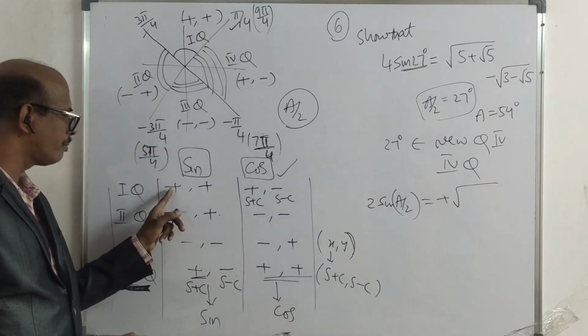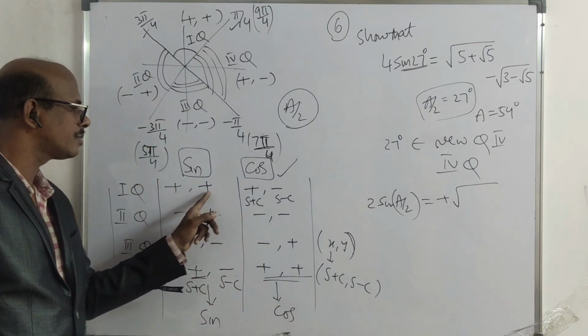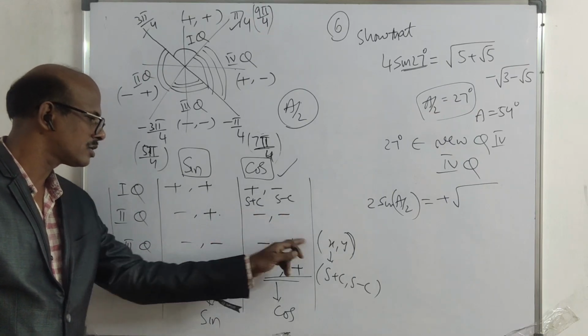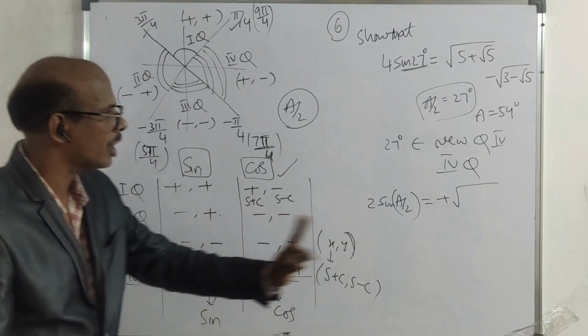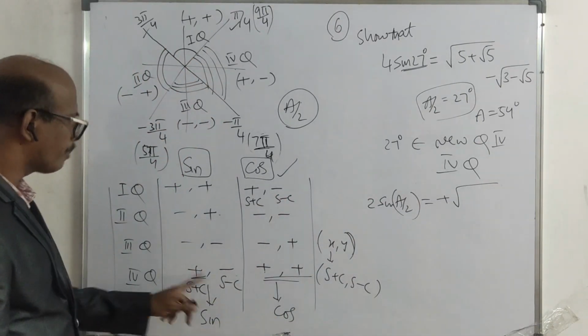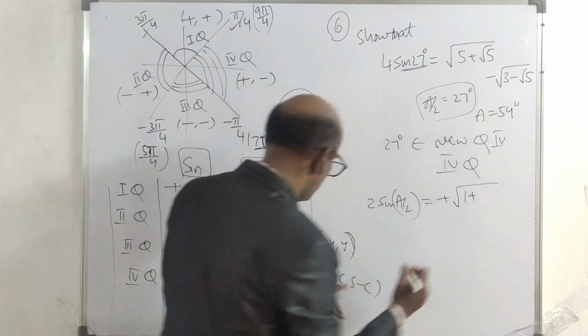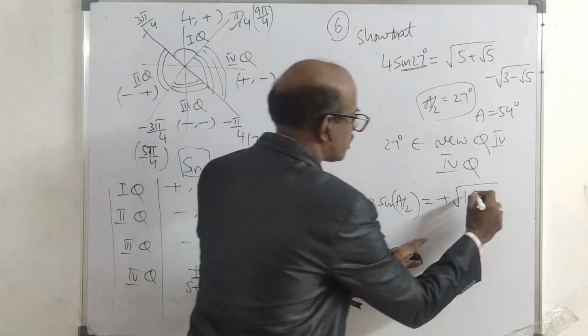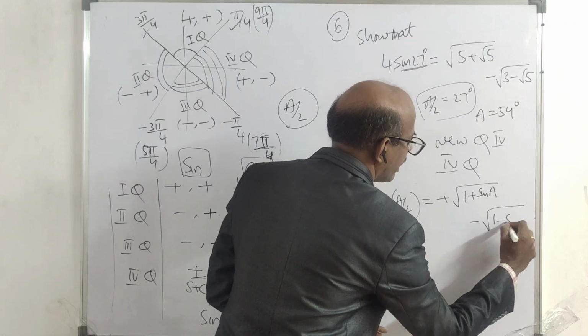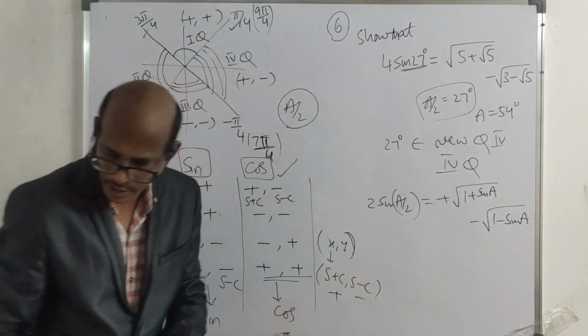So the second symbol changed, that is the reason. For understanding purpose, don't feel bored. So in the fourth quadrant, plus minus. I think now you understood.